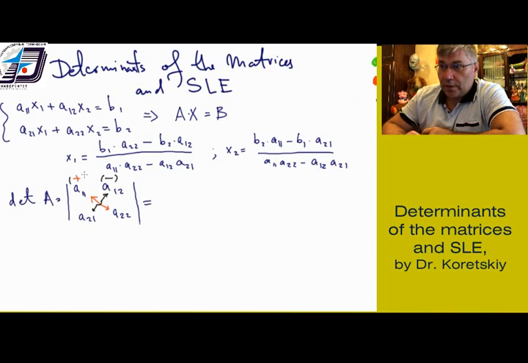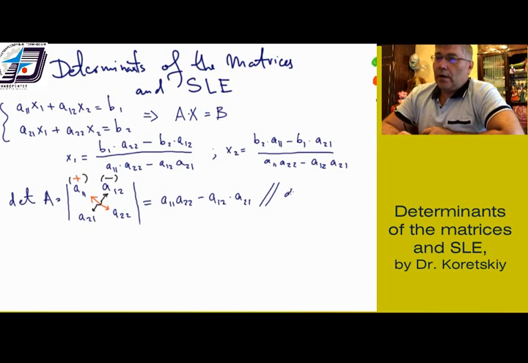So I put here plus and minus. And since that we have A11 times A22 minus A12 times A21. It's a denominator.